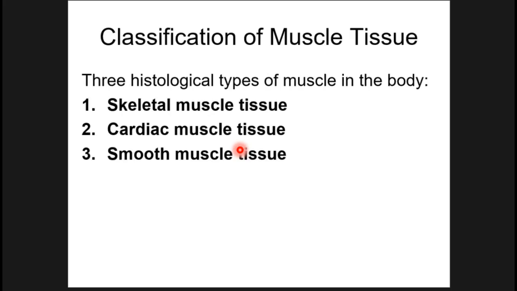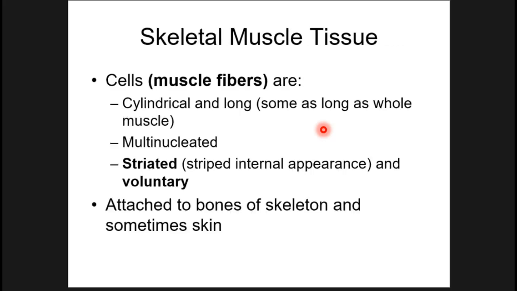Okay, 3 types of muscle: skeletal, cardiac, and smooth. Not surprisingly, this concept is going to carry forward because we've got an entire unit. Unit 3 is on muscles. So for categorizing muscles, there's the visual categorization, and then there's a little bit functional.